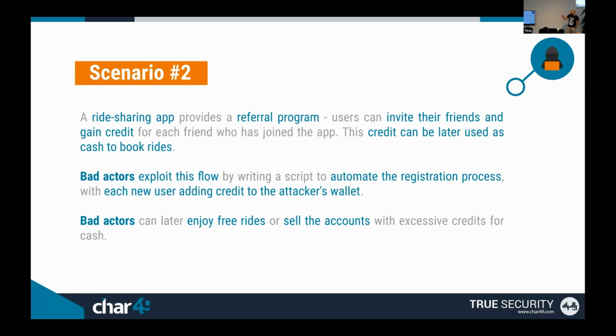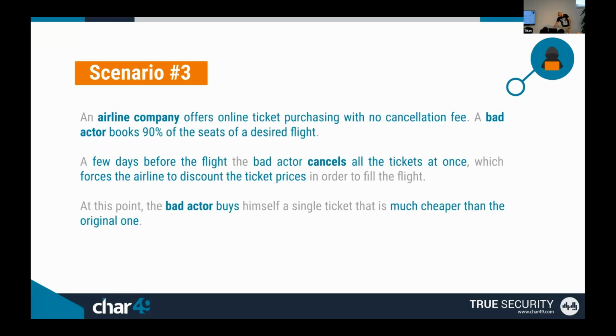But it's not the only attack scenario you can come up with based on this very simple technique. If you have a ride sharing API and you have a referral program, I just have to sign up new accounts, make those accounts my friends, I'm going to get the money, then I can travel for free, or I can even sell the accounts to other people on the dark web, for instance. This is another attack scenario. Or if you are an airline company, I can just buy all available tickets for a flight.